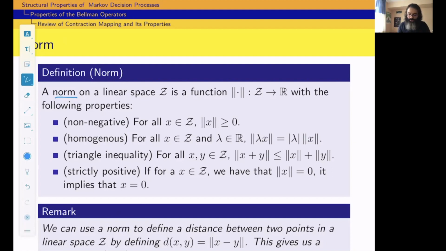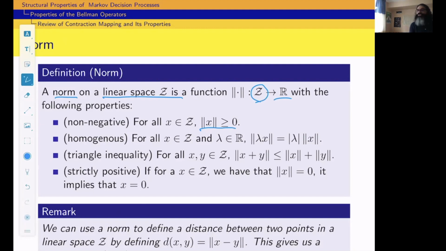So a norm on a linear space is a function that takes one member of that space and returns a number. And it has similar properties: for any point, the norm is always non-negative. So the size of things is always non-negative.